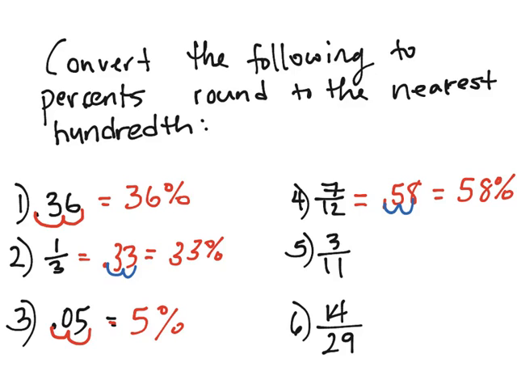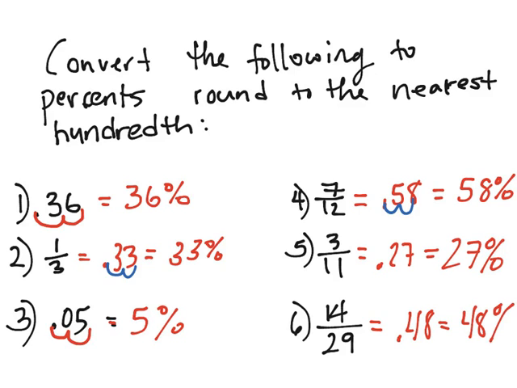We do 3 divided by 11, and we get 27 hundredths as our decimal. Multiply this by 100, and you get 27%. Okay, 14/29 as a decimal, rounded to the nearest hundredth, will be 48 hundredths. Multiply this by 100, and you get 48%.